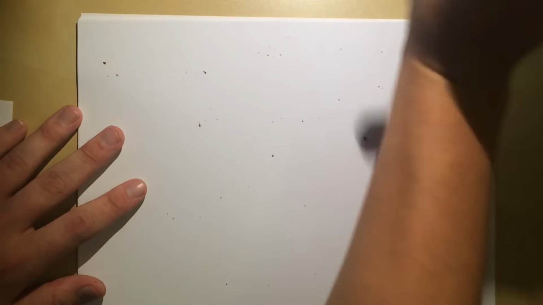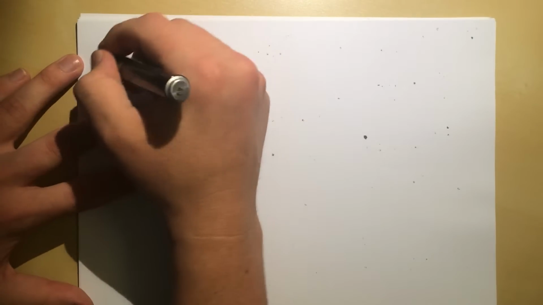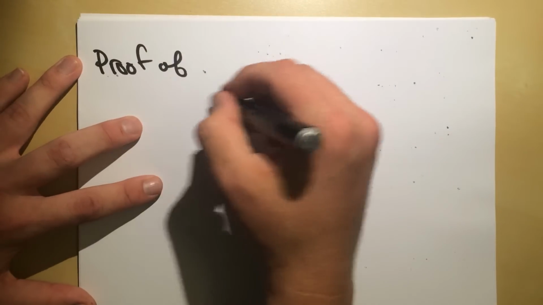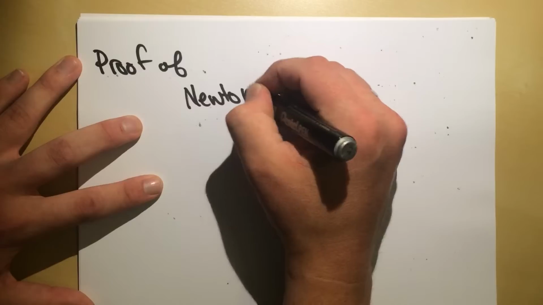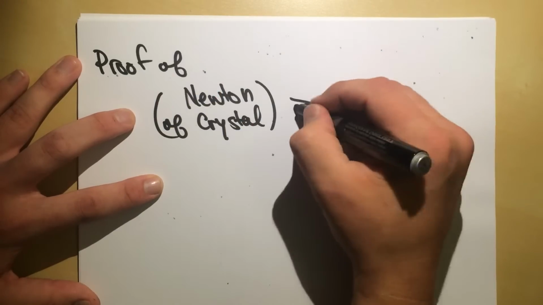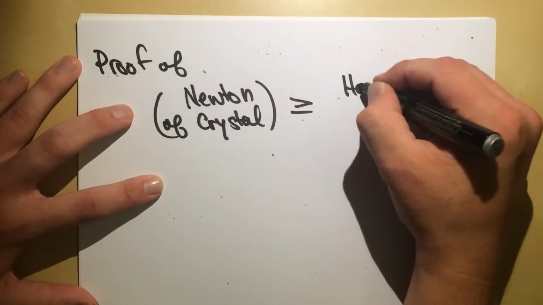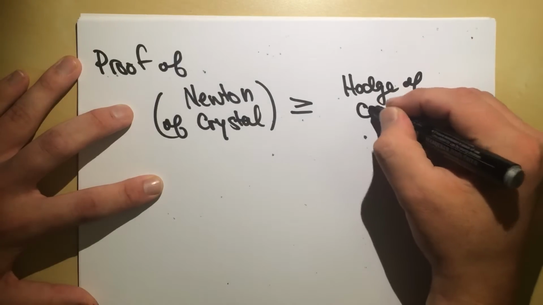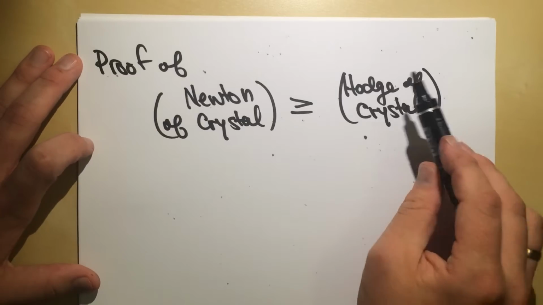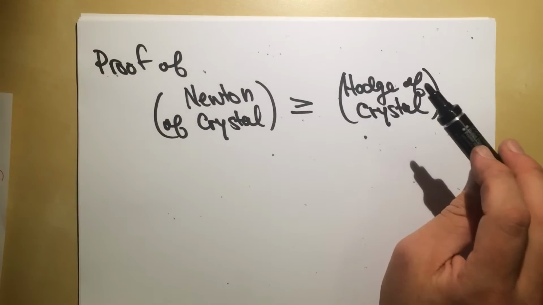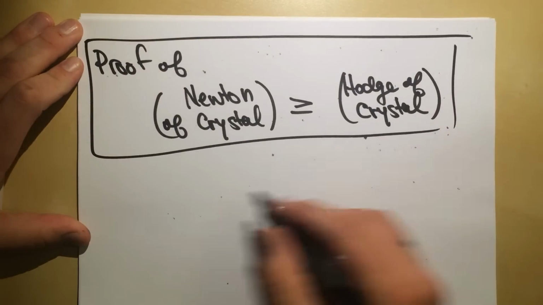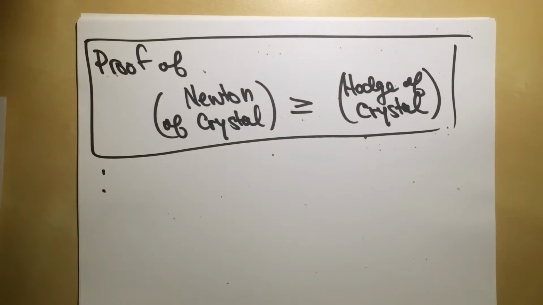This is a proof that the Newton of the crystal is above the Hodge of the crystal. The difficult part was the comparison between the crystalline Hodge and the actual Hodge of the variety. So this is what I'm going to prove. That's kind of a semicolon there.